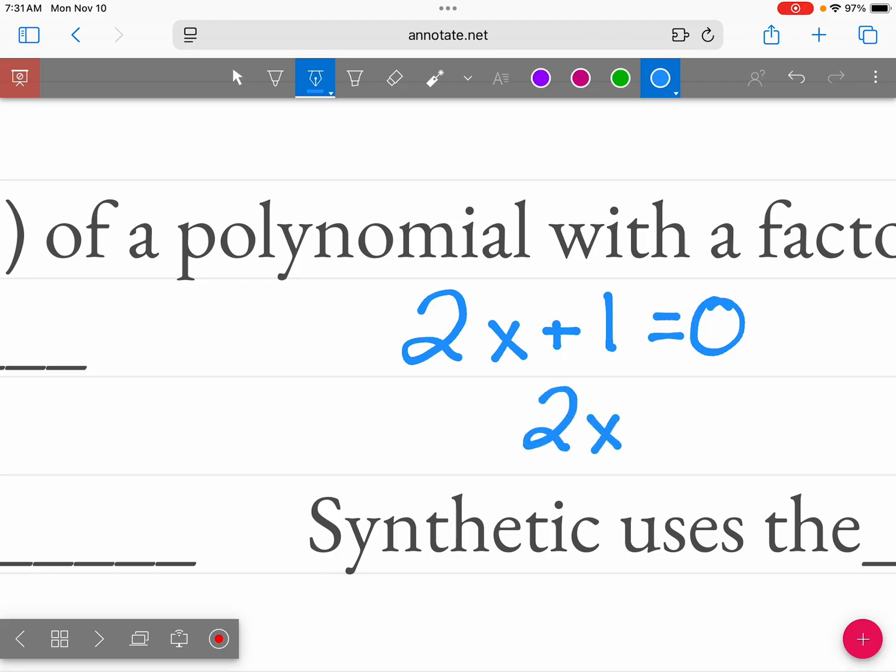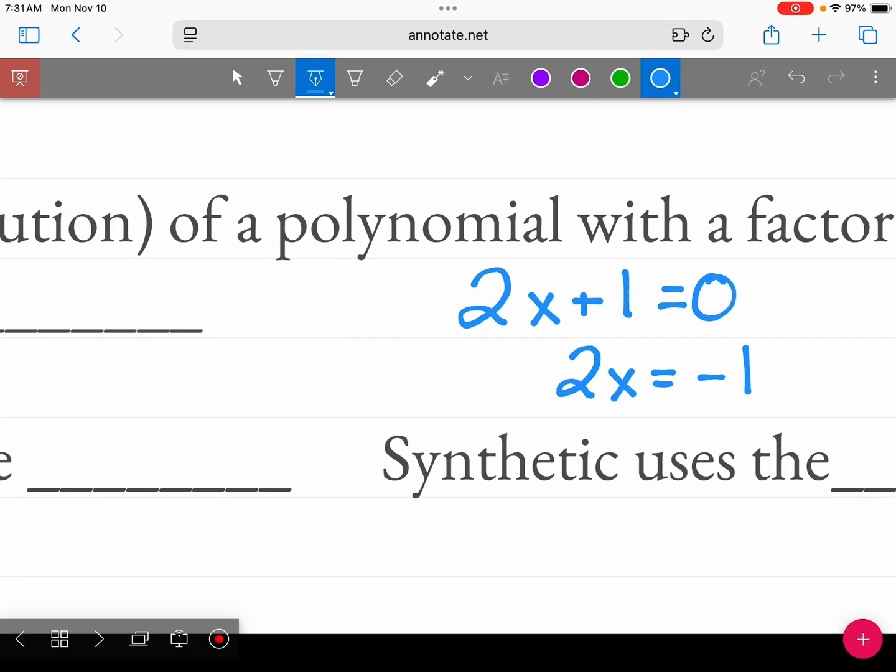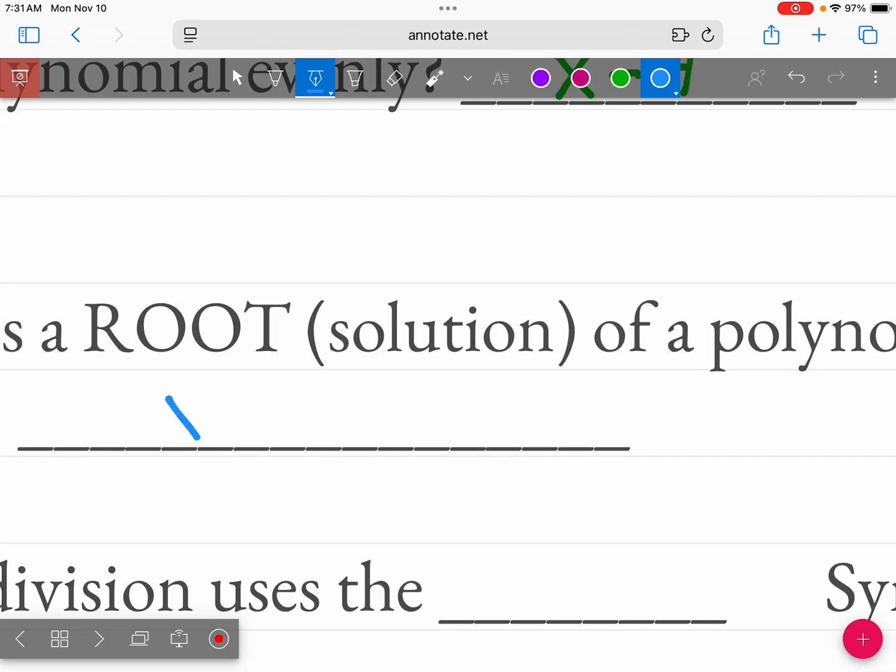Get that 2x equals minus 1. What's our x going to equal then? We'll have to divide both sides by 2, and that's going to get that x equals negative 0.5 or negative 1/2. Genuinely doesn't matter. Both mean the same thing. But the factor has the x minus part on there. The root is just the number.